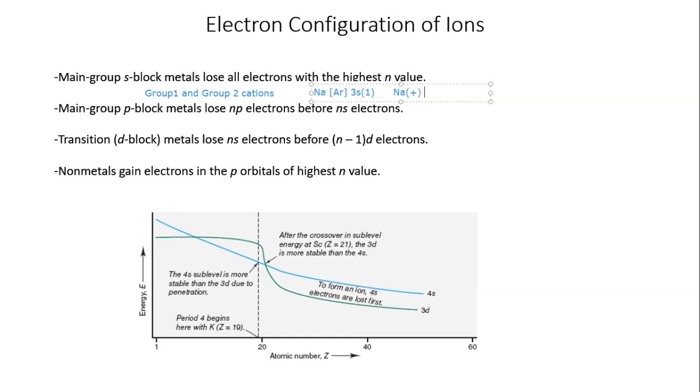So for sodium plus, it's just going to be argon. Oh, excuse me, I got that backwards. It's neon. My bad. Just double checking here. And so with S block metals, their cations are going to have the same electron configuration as the previous noble gas.